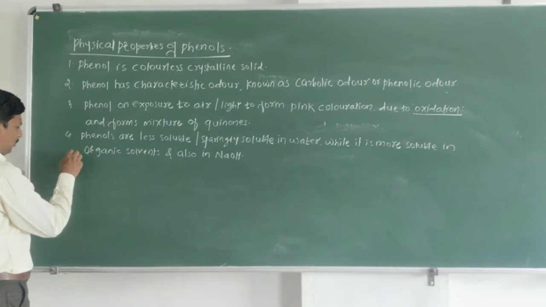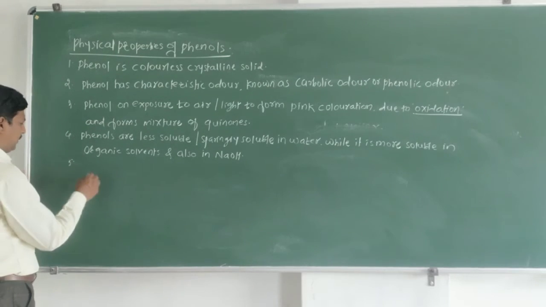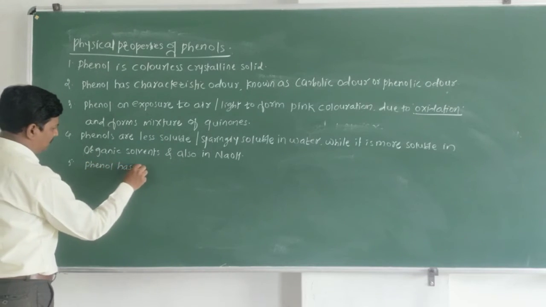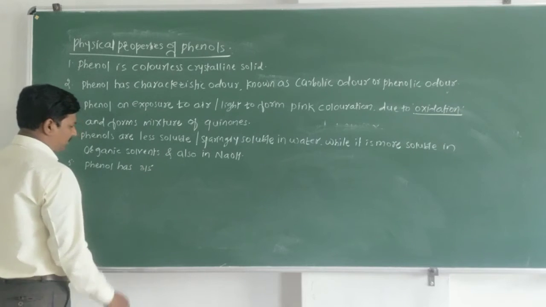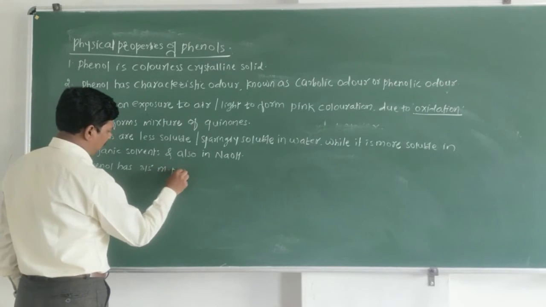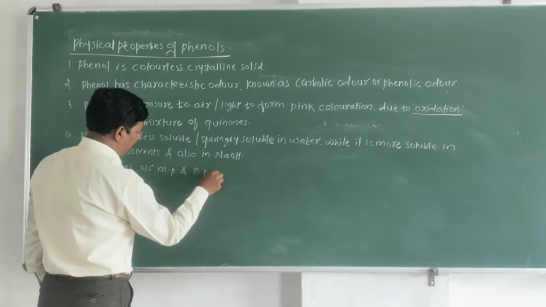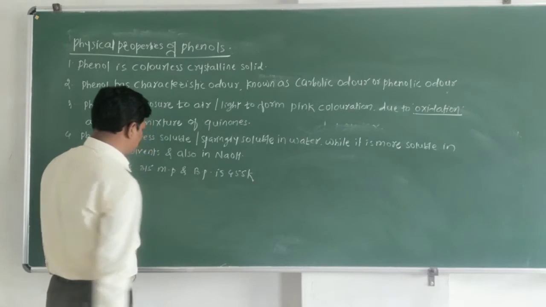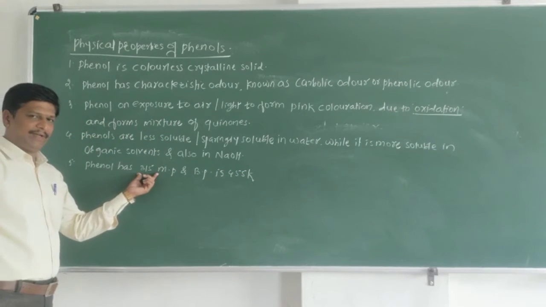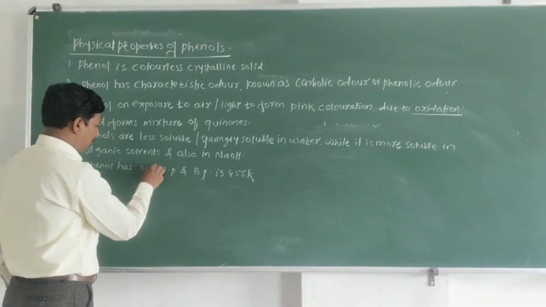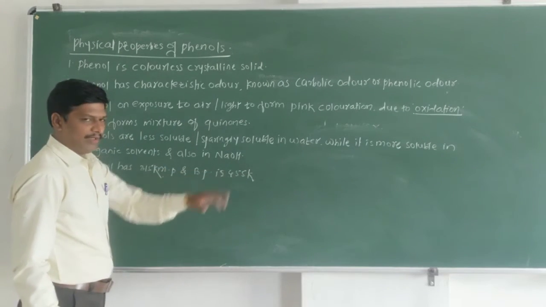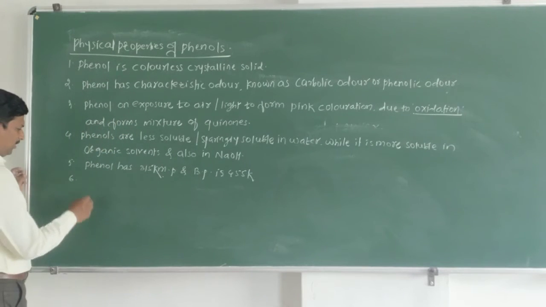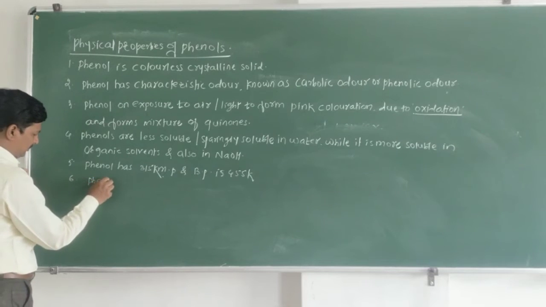Now, the next physical property of phenol is the melting point and the boiling point. Phenol has a melting point of 315 Kelvin and a boiling point of 455 Kelvin. Then the next point is that phenol is acidic in nature.